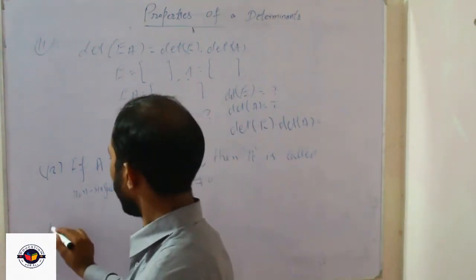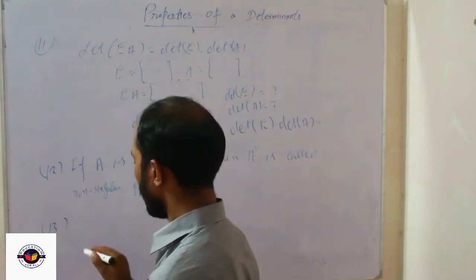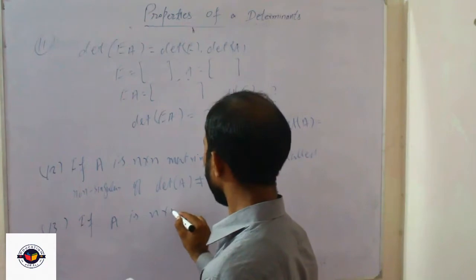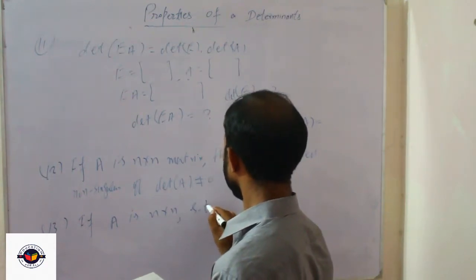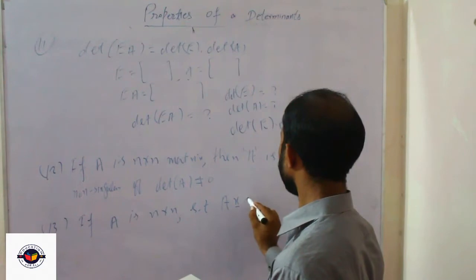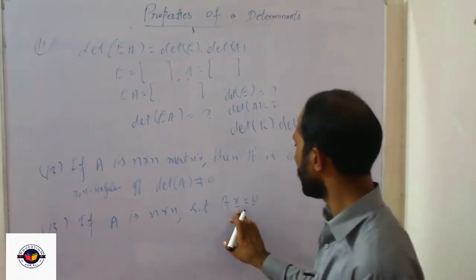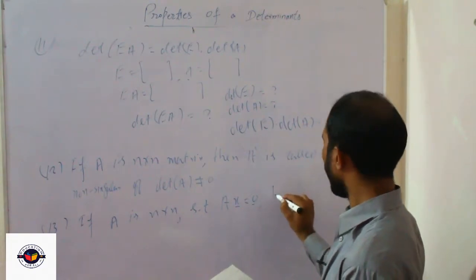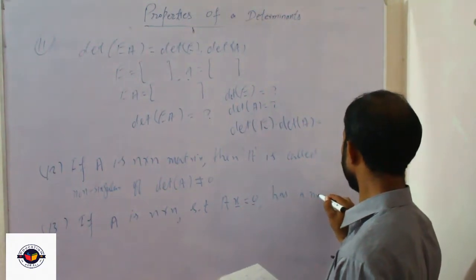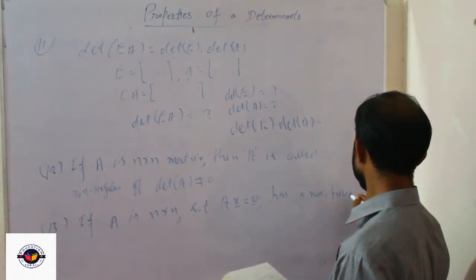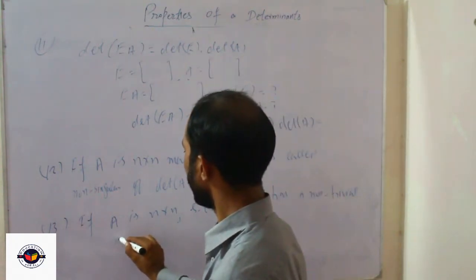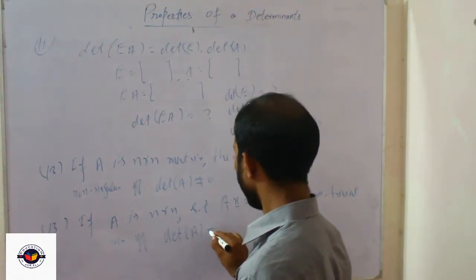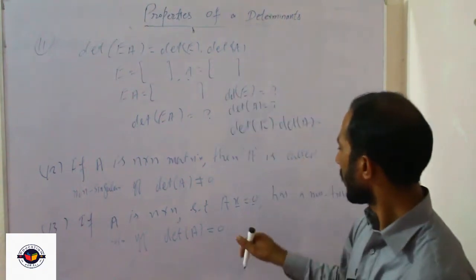Next, property number 13: if A is an n cross n matrix such that Ax is equal to 0, this is actually a system of linear equations, and it will have a non-trivial solution when the determinant of A is equal to 0.